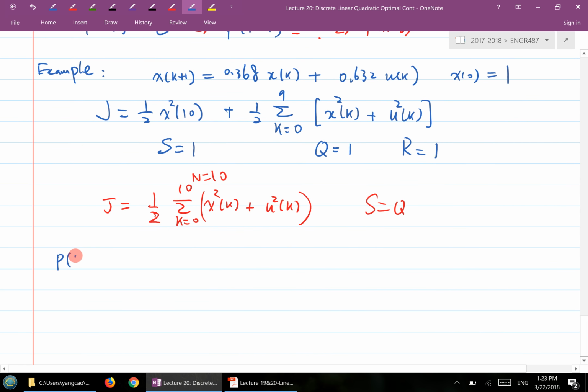P of k equal to Q plus G transpose P of k plus 1, times I plus H R inverse H transpose P of k plus 1, inverse, and then times G. I'll choose this one for my calculation.